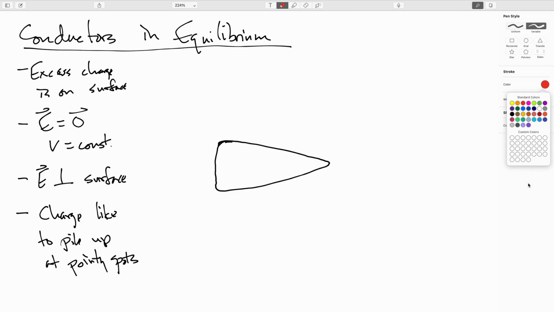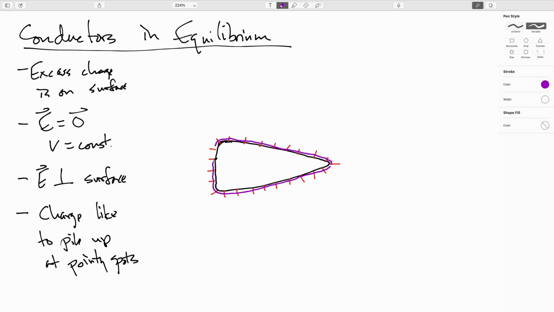Since we know that the electric field has to leave perpendicular to the surface everywhere, I'm just going to draw little electric field lines going out, say like this. I'm certainly not going to draw all of these later. And since we're leaving perpendicular, that means that in the immediate vicinity of the conductor, the equipotential surface will basically just look like a form-fit surface around the conductor, like so.